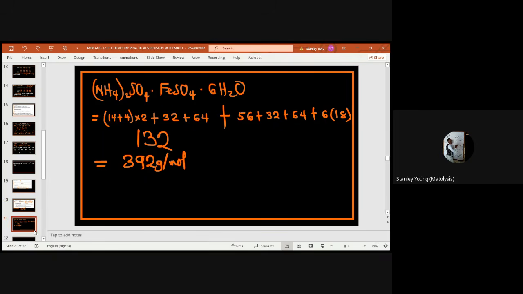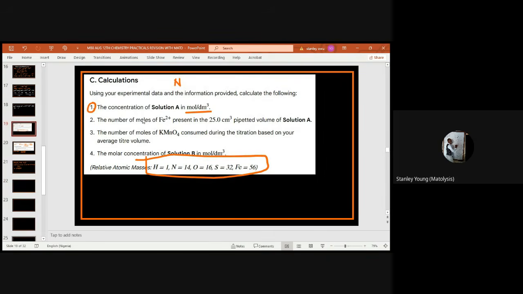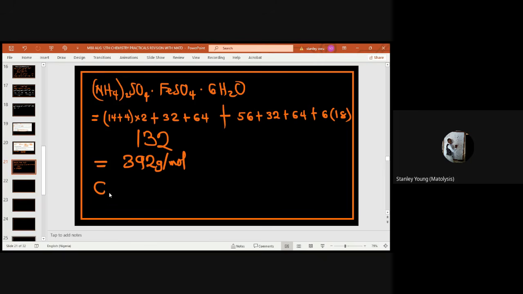So what do we need? We need the molar concentration. So we can say that the molar concentration of A, let me put it here, CA, is going to be the mass concentration, which we have as 39.2 gram per dm cube, divided by the molar mass, which is 392 gram per mole.